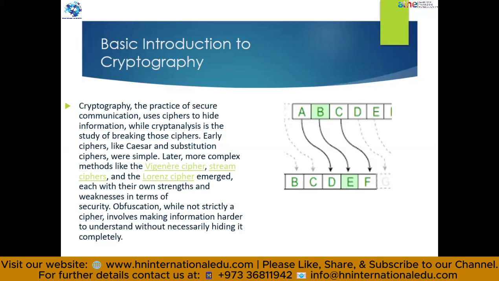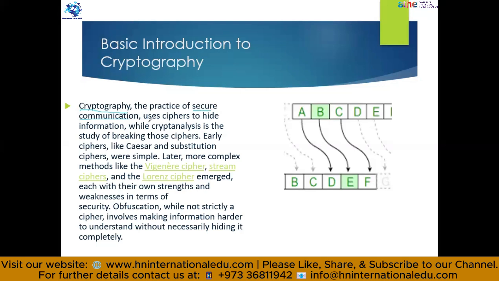So cryptography means that we are going to make our chat safe. We want to convert our chat into a safe message, and then we will communicate over the internet. Cryptography is the practice of securing communication. The basic purpose behind cryptography is that we want secure communication over the internet.